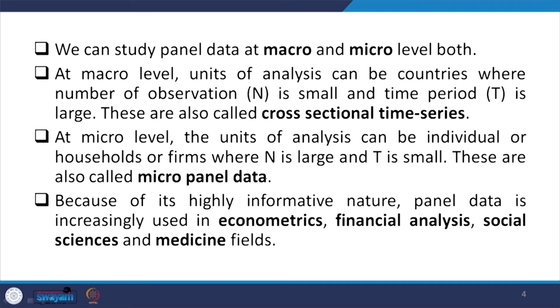In case of macro panel, the number of countries is usually limited. And the time for each country may be 15 years, 20 years, and even within the year there are quarters, within quarters there are months, and within months there are different time periods. So, if the time exceeds the n number of observations, then that type of panel is simply called cross sectional time series data.